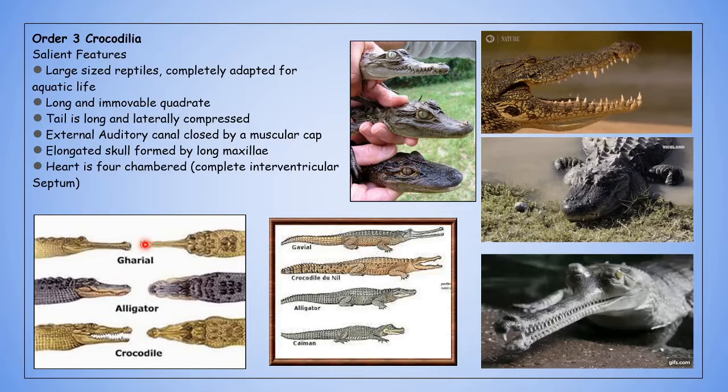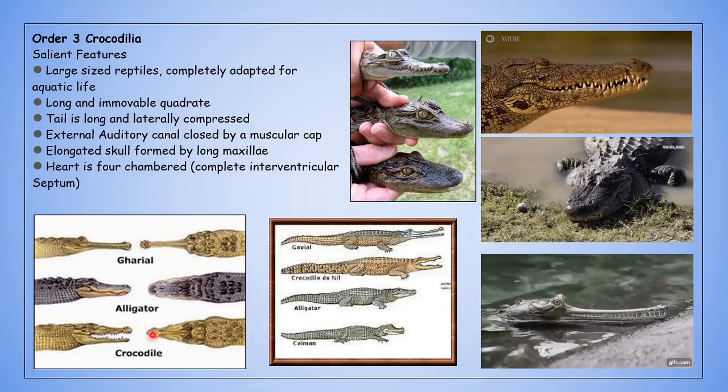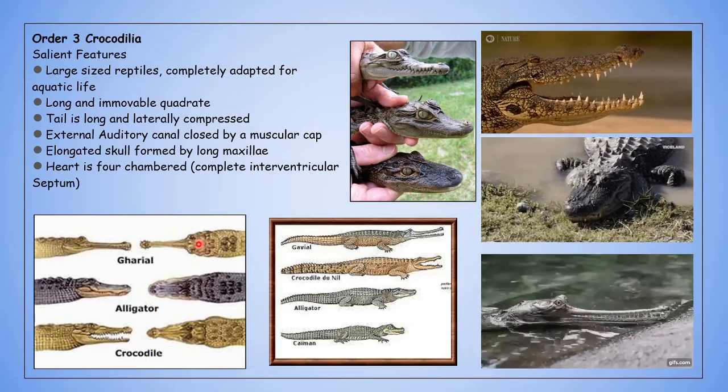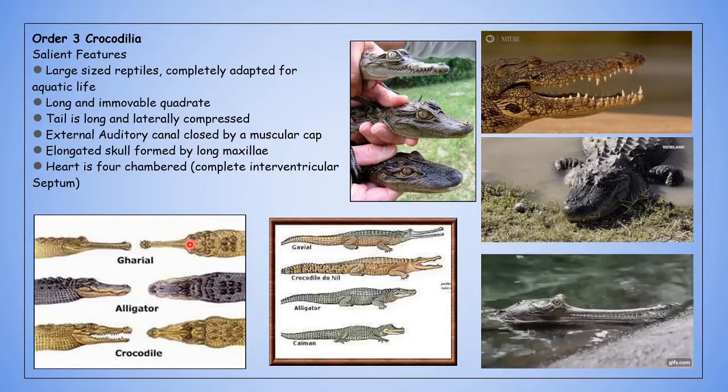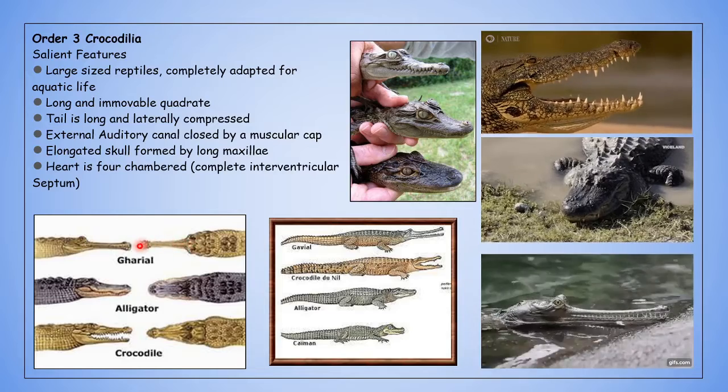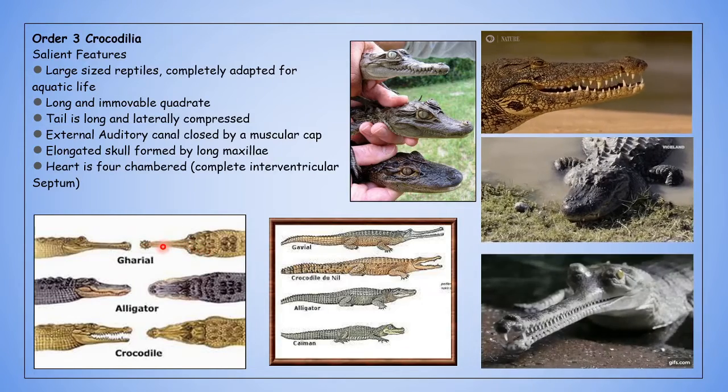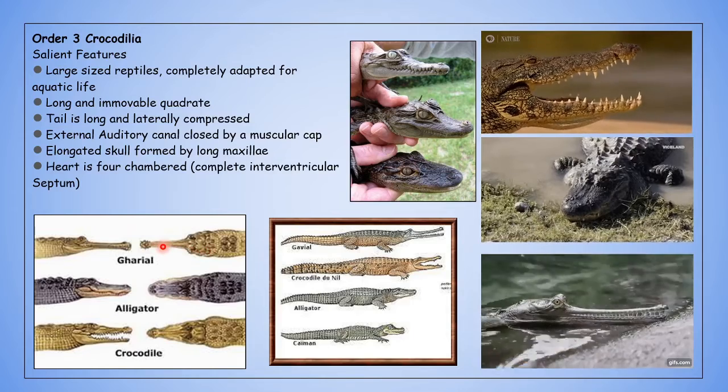The snout of the gharial is very slender and pointed. That is how you distinguish gharial from the other two, alligator and crocodile. A very slender and pointed snout is the feature of gharial crocodiles, which are also called Gangetic fish-eating crocodiles.